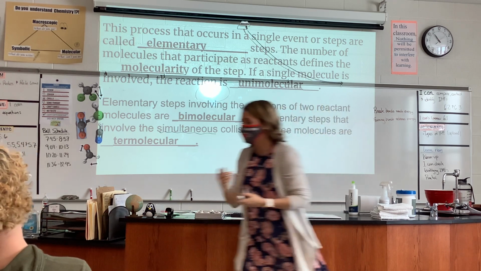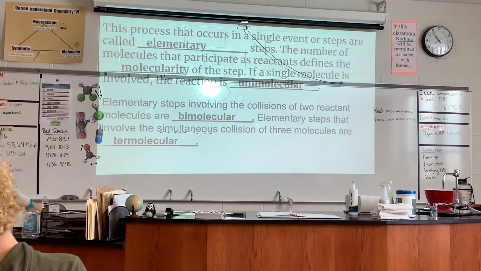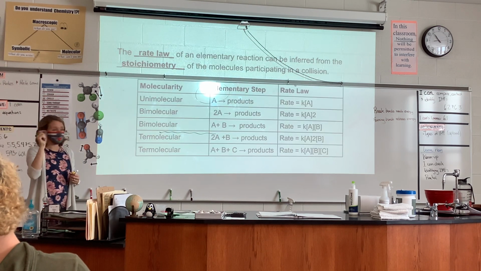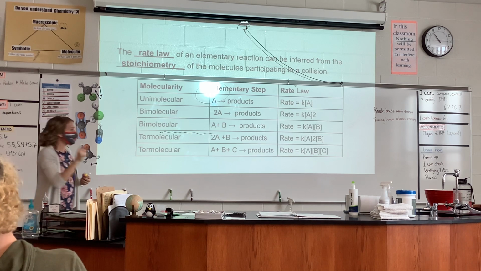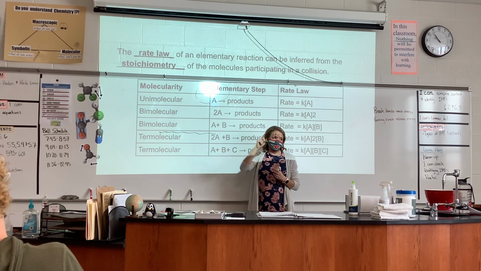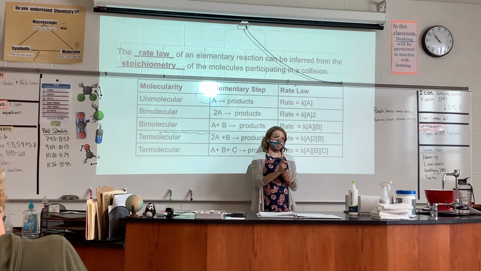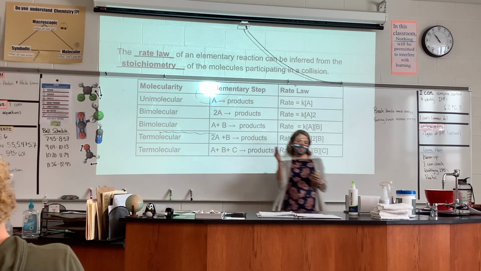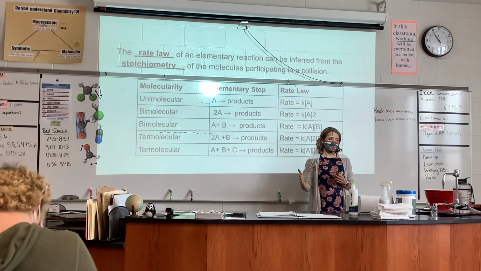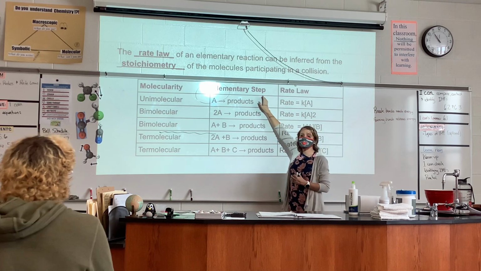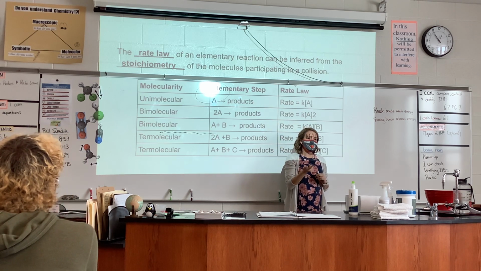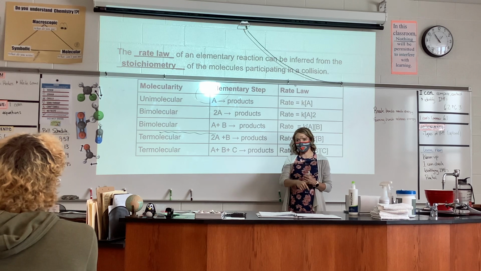So good question though. As we look at these, I could now do a big highlight, circle, underline this word right here. These are being designated as elementary steps, meaning scientists determined it only takes 1 step for it to happen. When something only takes 1 step to happen, you can write the rate law for that step by just looking at the balanced equation.